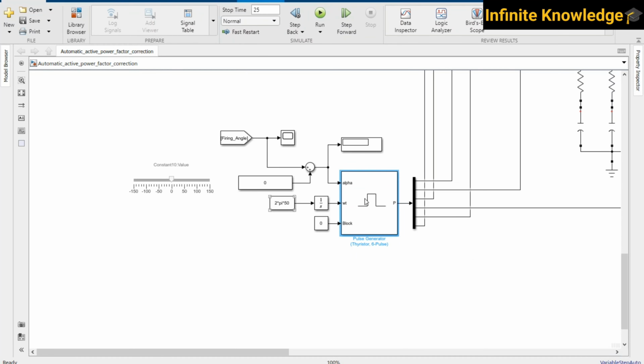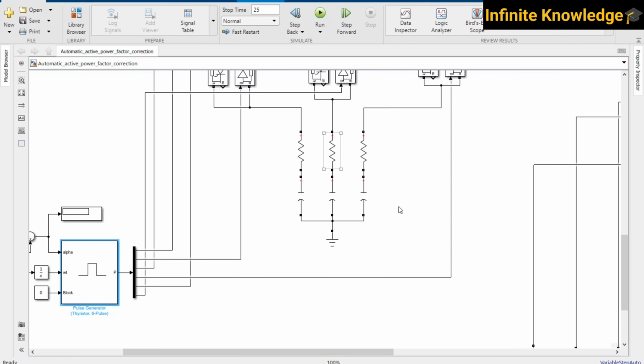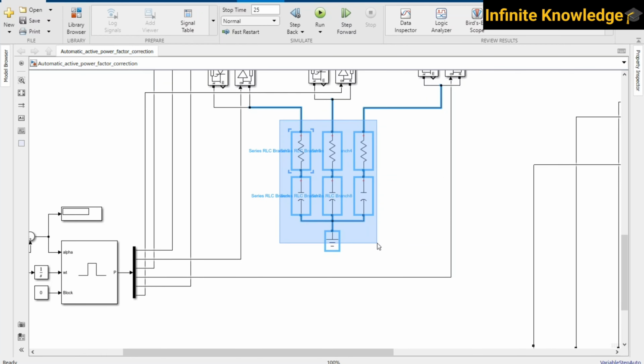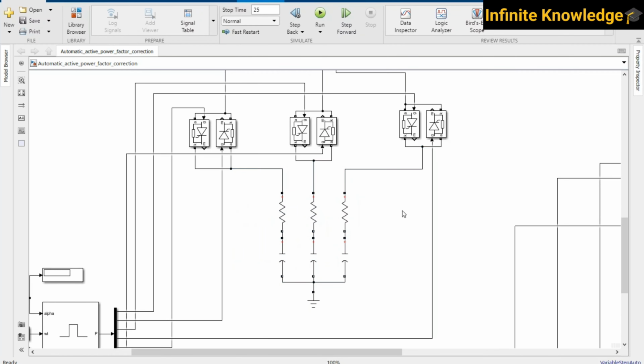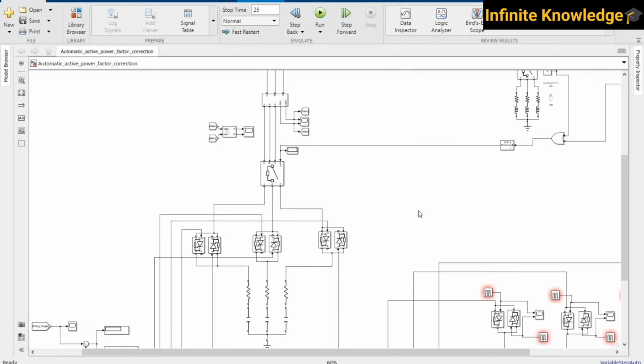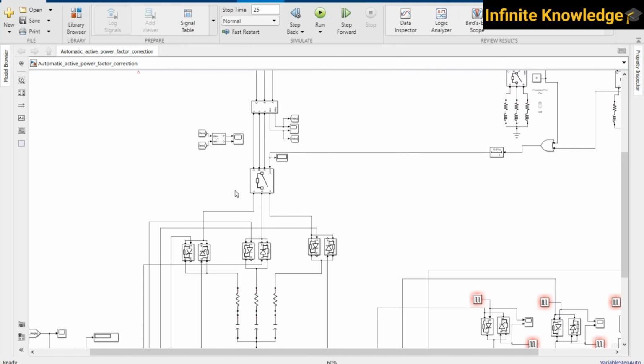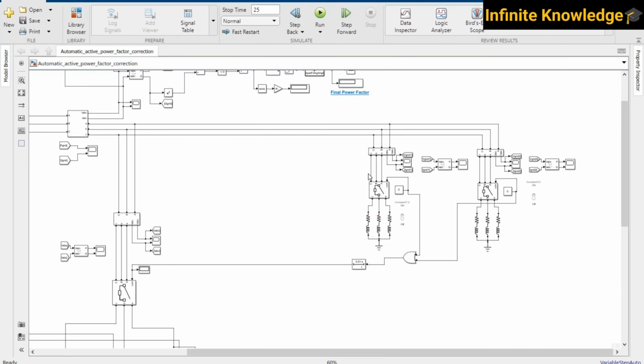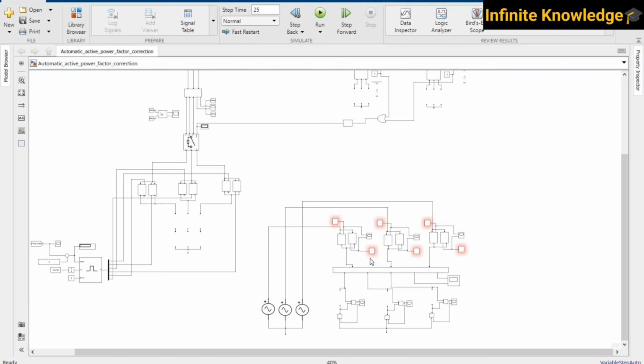This is a pulse generator, and according to that firing angle, this capacitor bank will come into the picture, and whatever power factor is required, that much amount of reactive power will be fed to the circuit, and not the total load.